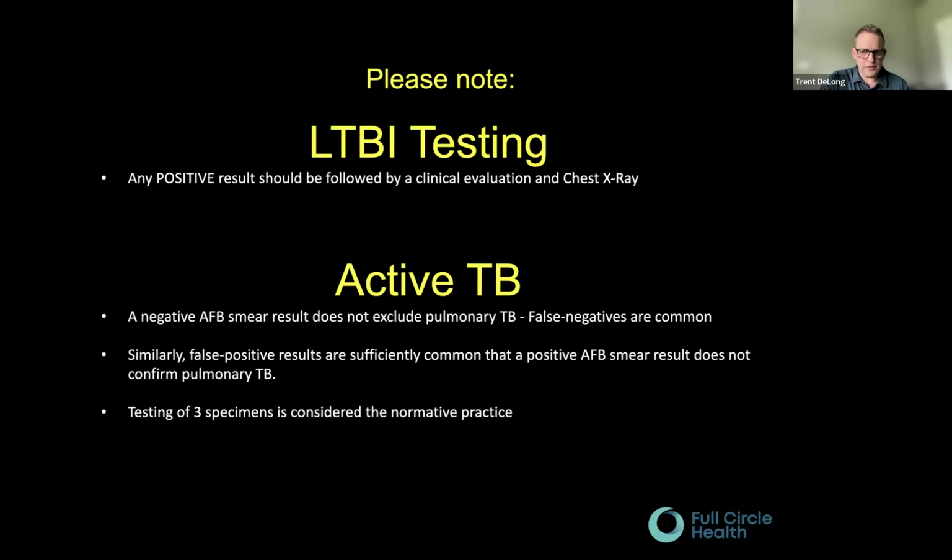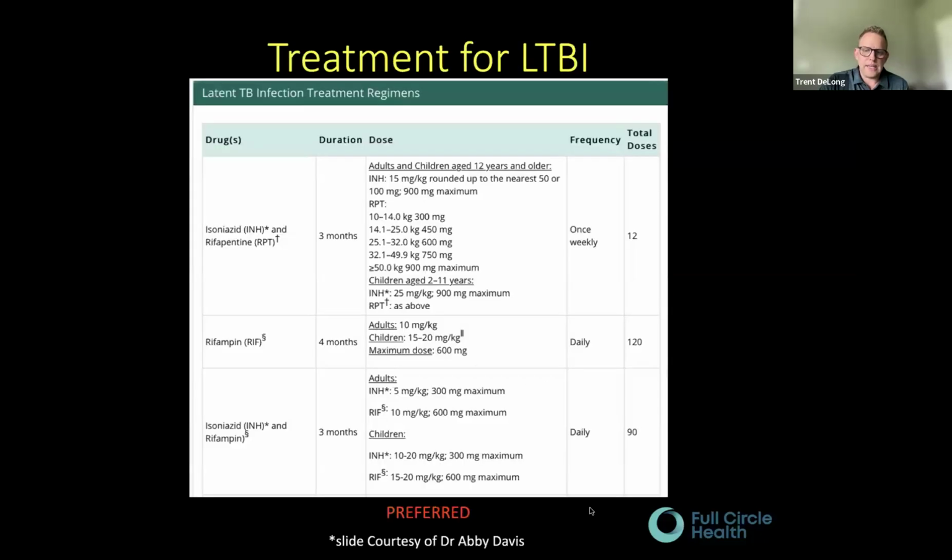Similarly, false positives are sufficiently common that positive AFB smear results do not confirm pulmonary TB, and testing of 3 specimens is considered the normative practice for active TB. I'd like to thank Dr. Davis for this slide and a couple more slides and subsequent slides here.